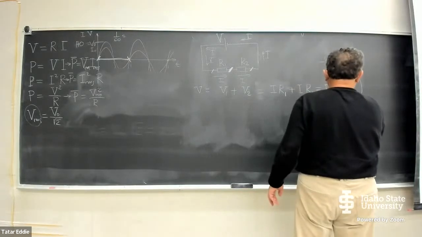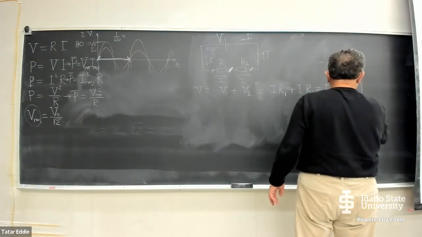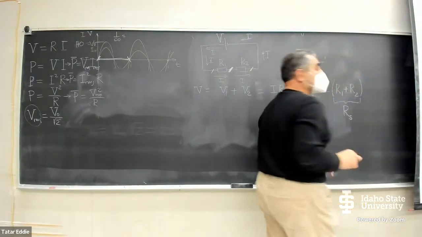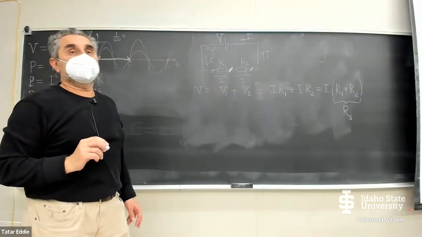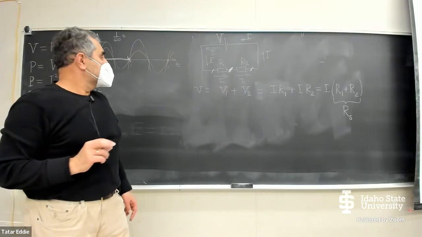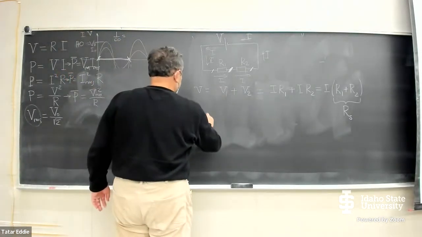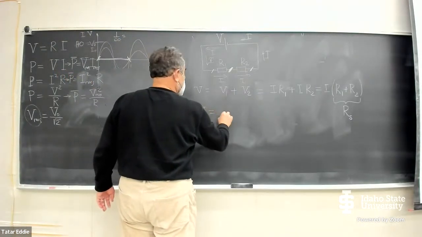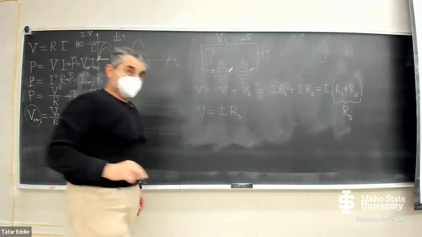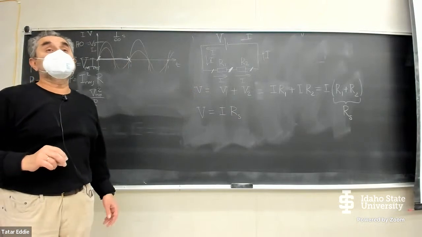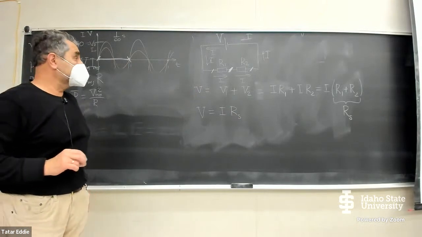Call that sum of the two resistances resistor RS. S stands for series. So the result that we got was that the voltage is equal to the current multiplied by RS, where RS is just the sum of the two resistances.